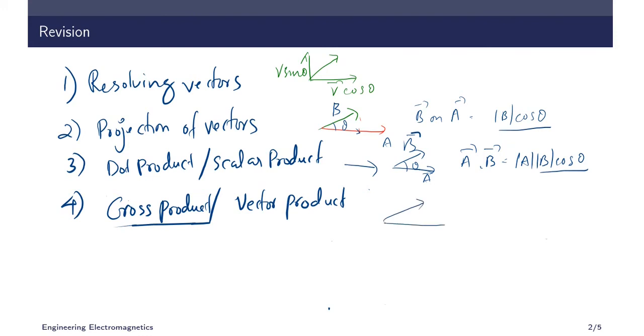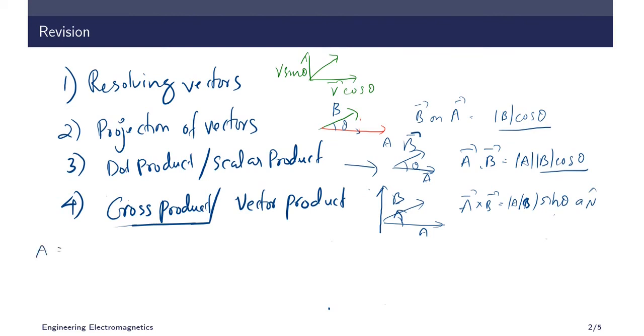If you do the cross product of a and b, the resultant will be a third vector, which will be perpendicular to both, given by the right hand thumb rule. So using this, a cross b is defined as mod a mod b sin theta a n cap.